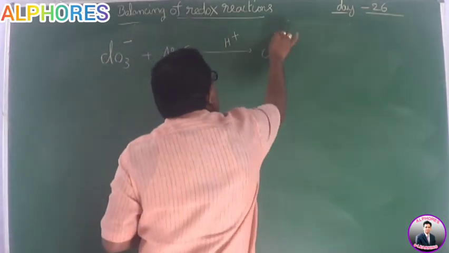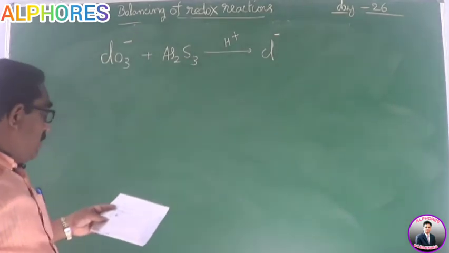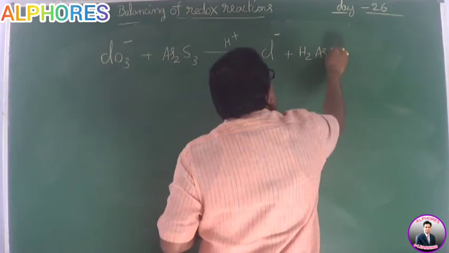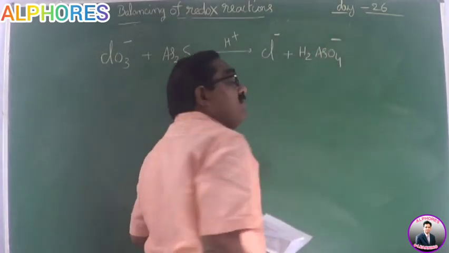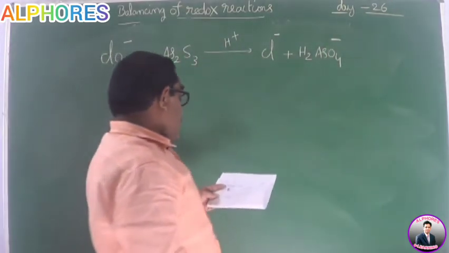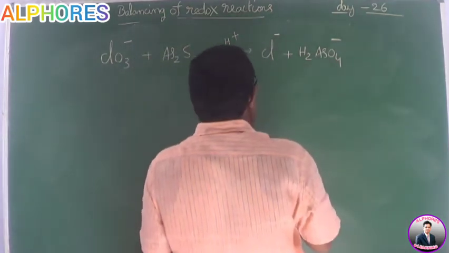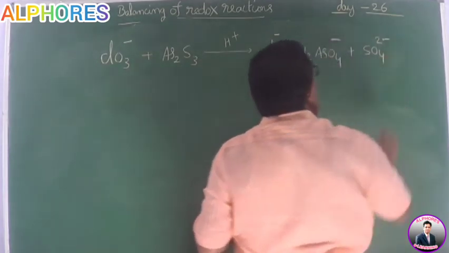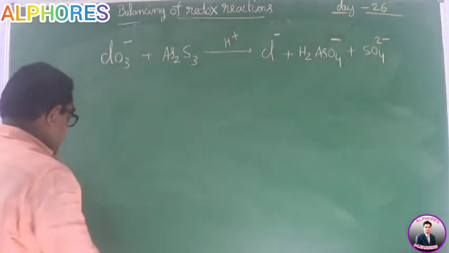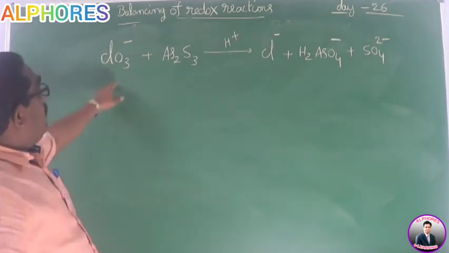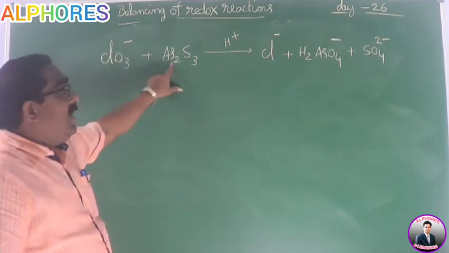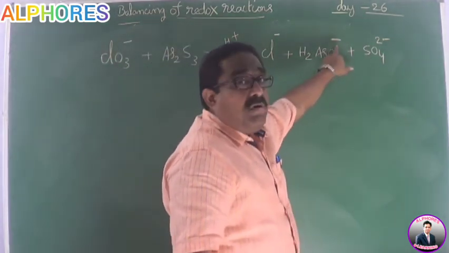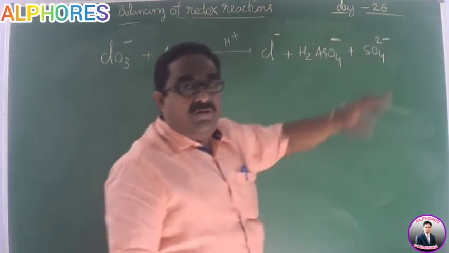And the products are chloride, Cl minus, and H2AsO4 minus, and sulfate ion. Write down clearly: chlorate ClO3 minus, As2S3, chloride ion, H2AsO4 minus with unit negative charge, and the sulfate, you know.